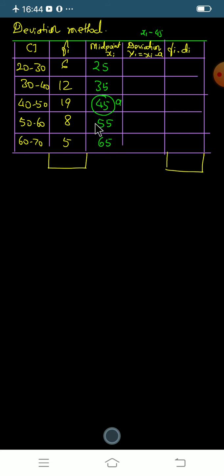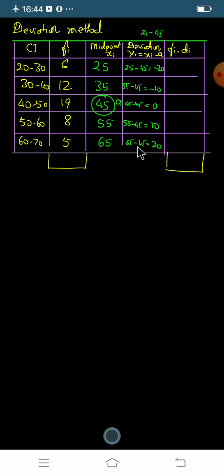That means we go on subtracting 45 from each of these midpoints. 25 minus 45 is minus 20, isn't it? Here 35 minus 45, we get minus 10. Here 45 minus 45 is 0. Here 55 minus 45 is 10. And 65 minus 45 is 20.